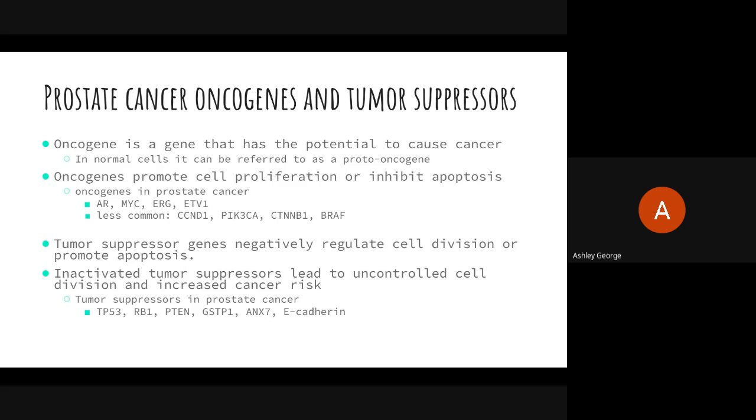So the next one that's important to discuss is MYC. It's an oncogene that is frequently amplified in prostate cancer. Its overexpression is observed in a very significant percentage of tumors. It's a transcription factor, and it regulates the expression of many genes that are involved in cell growth, proliferation, and apoptosis. And then ERG and ETV1 are similar.